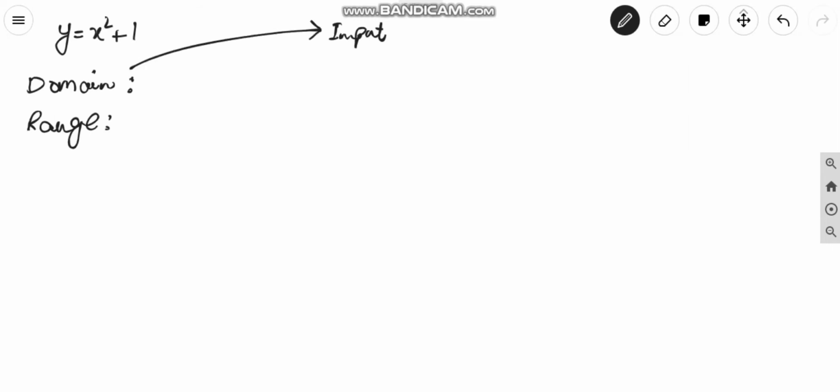And the range is a set of those numbers that we get as an output from the function. We can only put those numbers as an input that keep the function defined and on the real line.